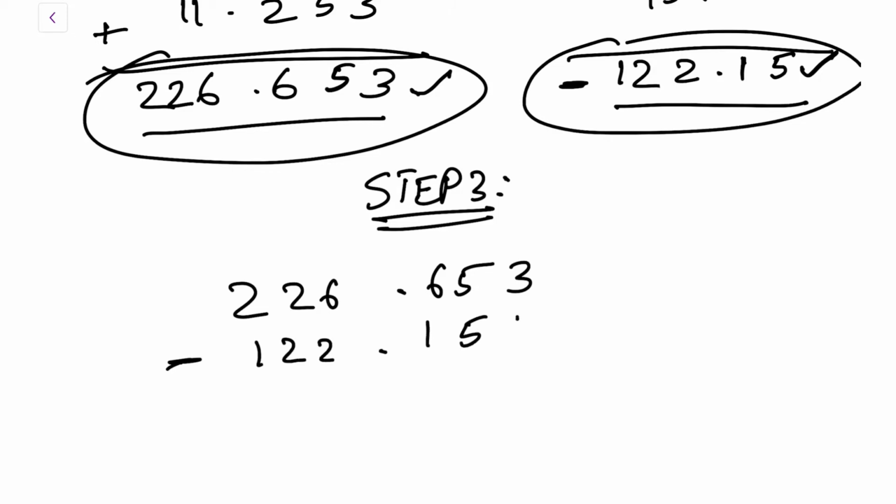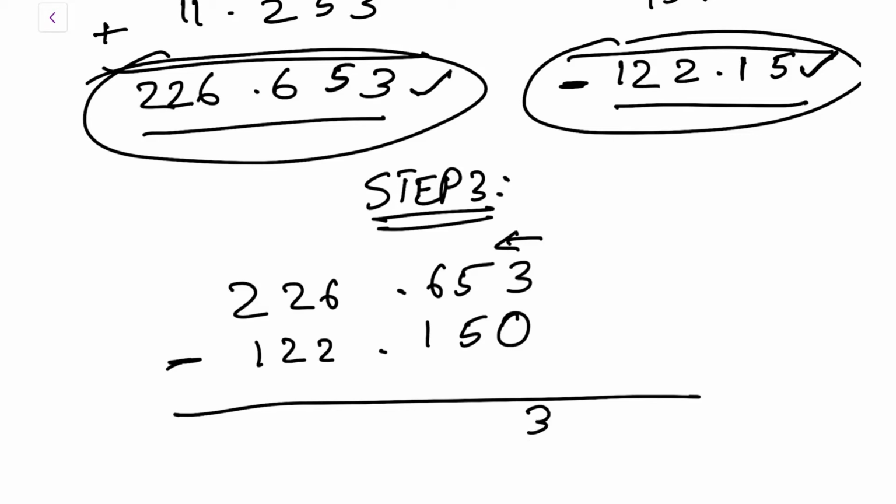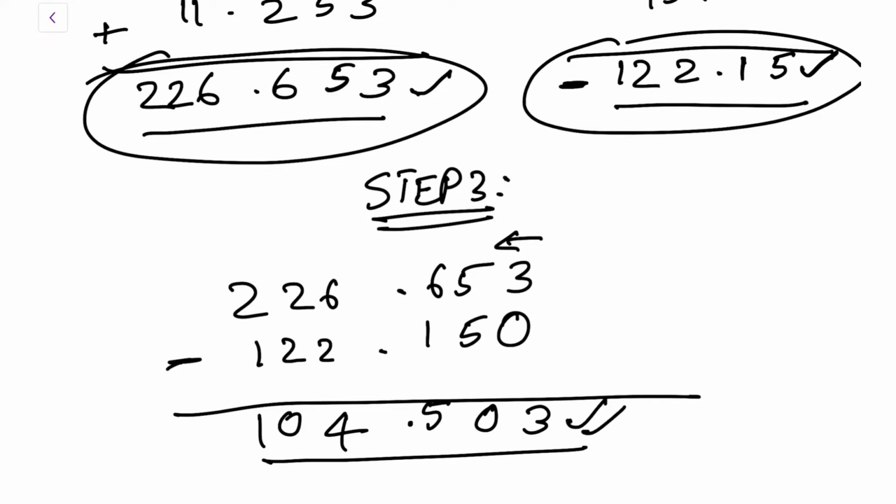I can put a 0 to make it a like decimal. This is a regular subtraction from the extreme right. So what do you get? You get 3, 0, 5, 4, 0, 1, 104.503. This is your answer.